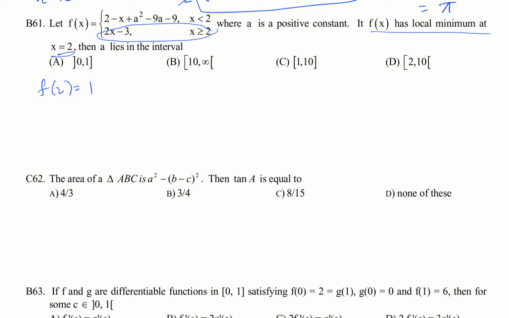So right side, if this is 2, right side it is going from 1. It's going like that. This is the point (2, 1). Now I want f to have minimum at 2. That means left side I don't want the function to go like this. If it goes like this, then in a neighborhood of 2 I won't have minimum at 2.